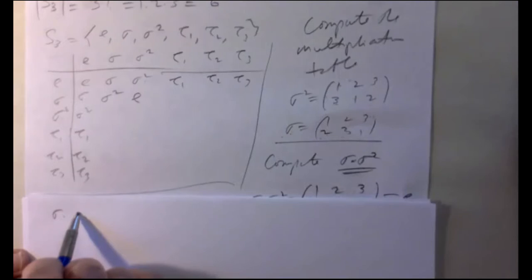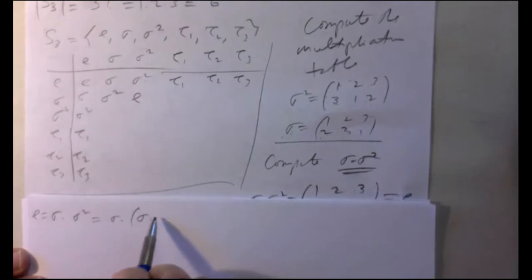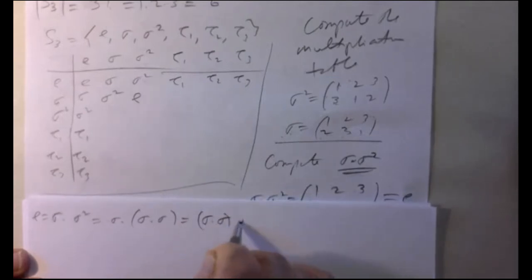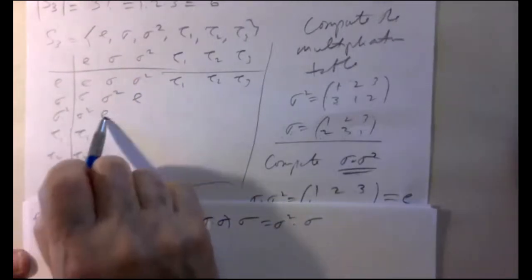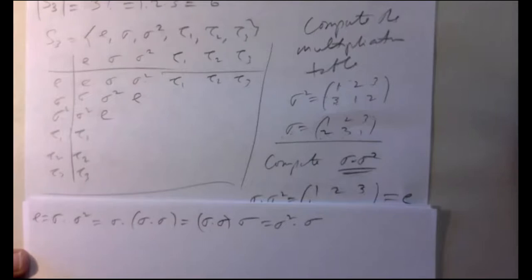So sigma times sigma squared is the identity. Sigma squared is sigma times sigma. By associativity, sigma times sigma times sigma is the same as sigma squared times sigma. So sigma squared times sigma is also the identity.